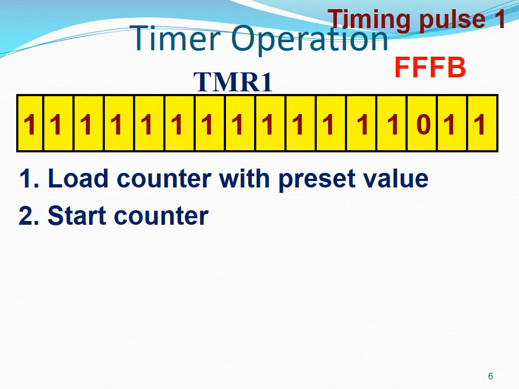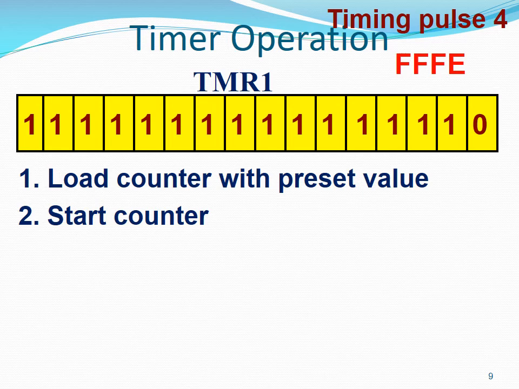The first pulse results in the value in the timer register incrementing to FFFB. The second pulse results in incrementing to FFFC. The third pulse results in incrementing to FFFD.